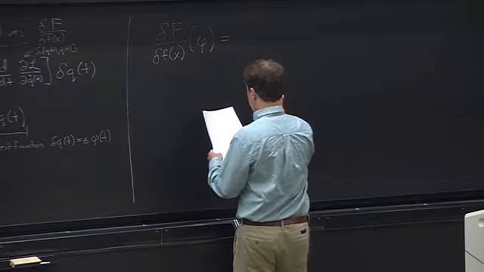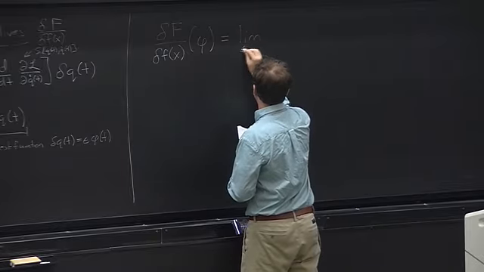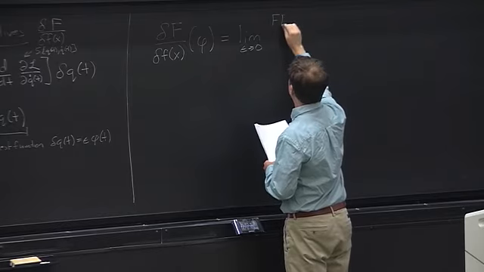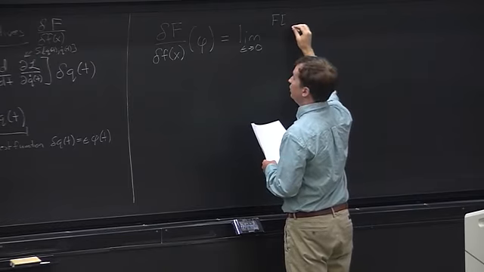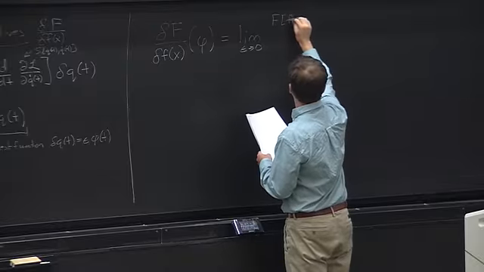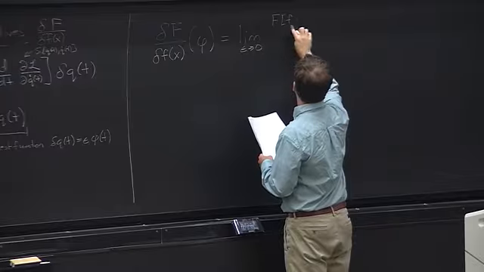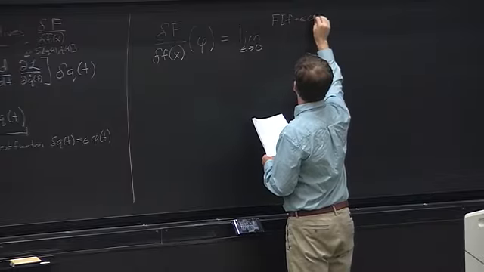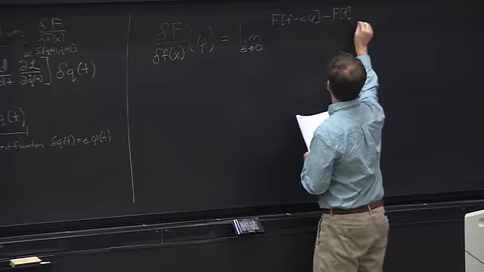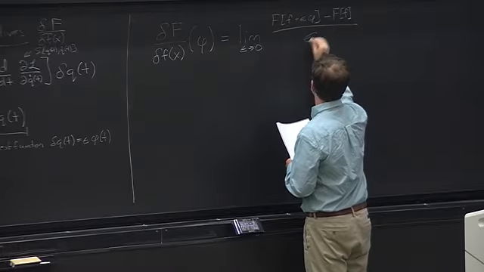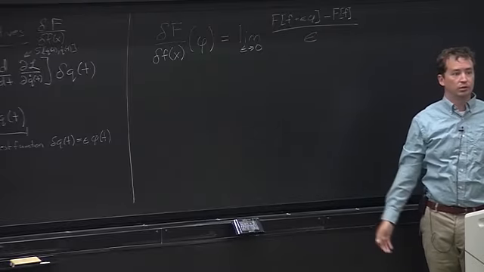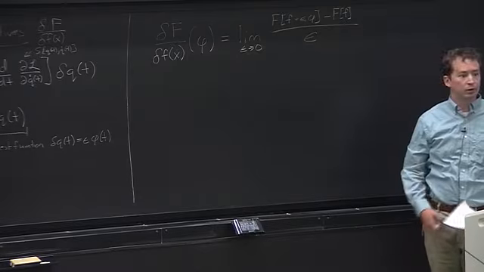That's just equal to the limit as epsilon goes to 0 of F at f plus epsilon phi minus F of f, divided by epsilon. So it's exactly what you'd expect based on the first definition of a derivative you saw.